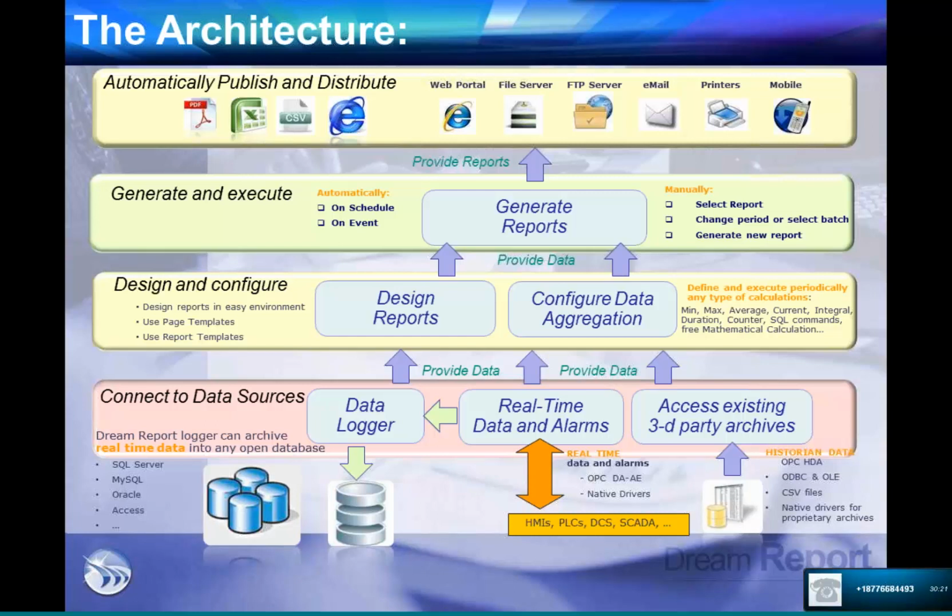By default, PDF and Excel files will be stored in a file server, and also will be available in the embedded web portal of Dream Report. You can also send files to an FTP server, send them to different recipients in email boxes, print reports, and of course through mobile devices today you can easily access PDF and Excel files available in your email box.